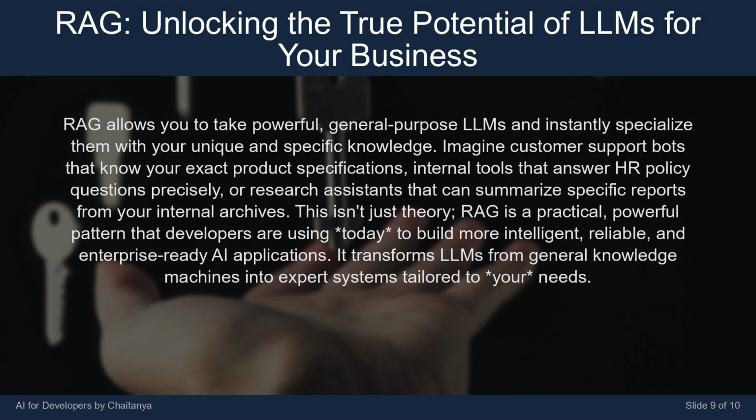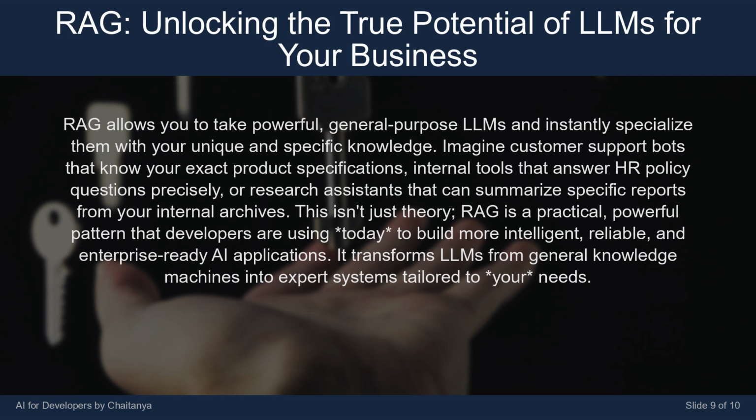RAG allows you to take powerful, general-purpose LLMs and instantly specialize them with your unique and specific knowledge. Imagine customer support bots that know your exact product specifications, internal tools that answer HR policy questions precisely, or research assistants that can summarize specific reports from your internal archives.